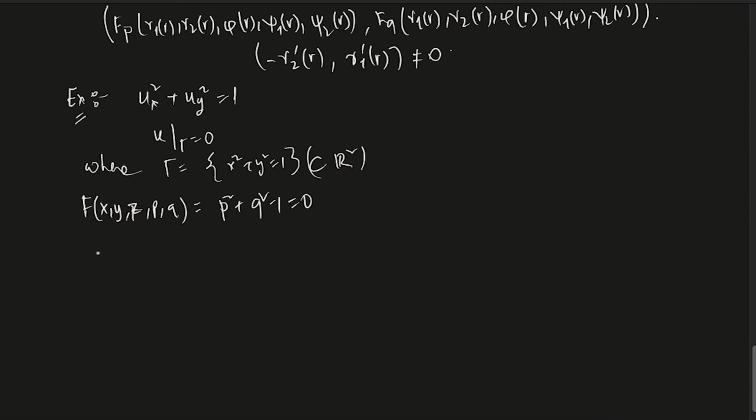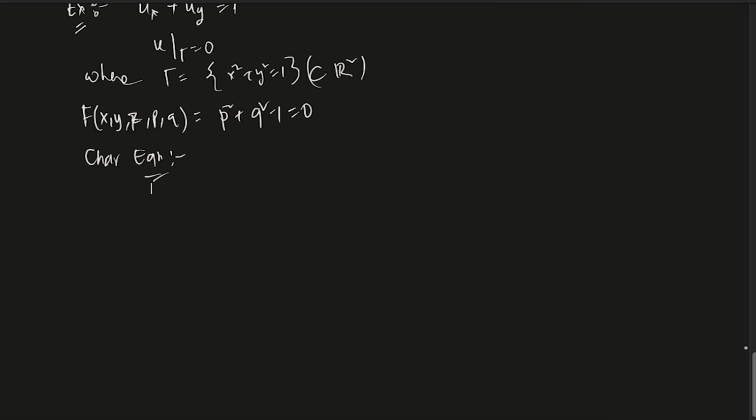So the characteristic equations are given by: x prime at the point r is f p, which is a. Taking f with respect to p, it is 2p.